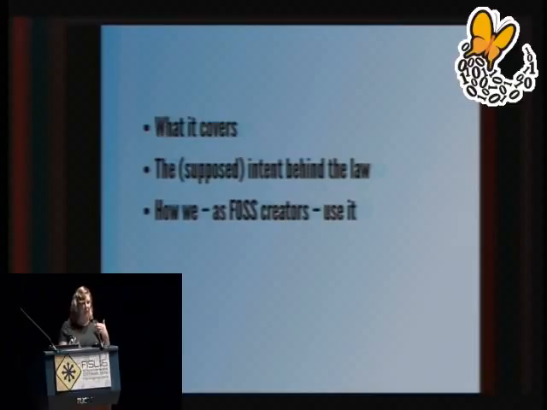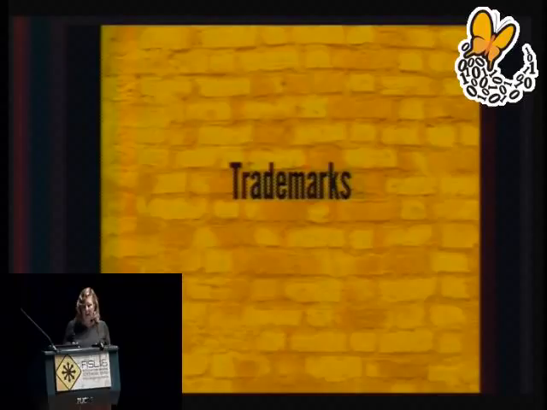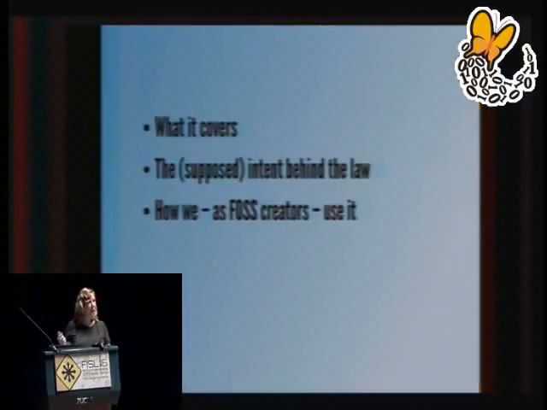I find that if you look at the history of each particular tool, it makes them make a little bit more sense. Otherwise, they seem arbitrary or confusing as far as what's covered by each area. And then we'll talk about how we use them as creators of free and open source software.